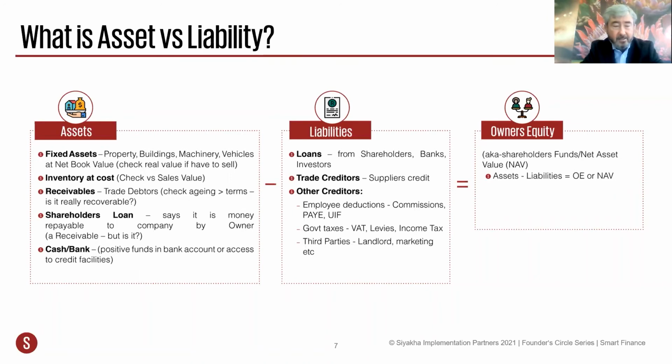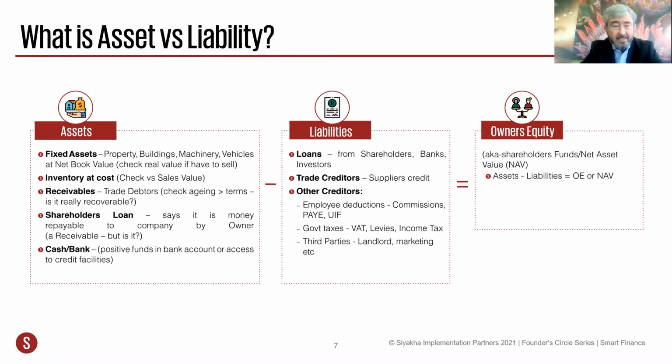Machinery and vehicles. And yeah, typically the way we measure a balance sheet is at cost. Why not at selling price? Well, because one of the fundamental principles of accounting is that you cannot recognize future revenues until they're actually earned.